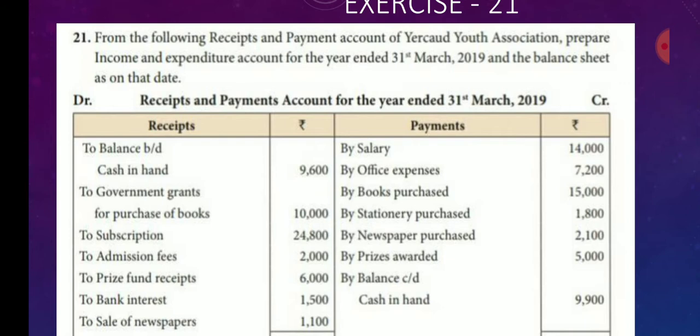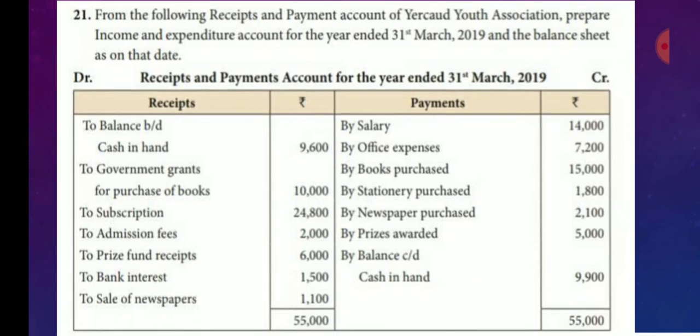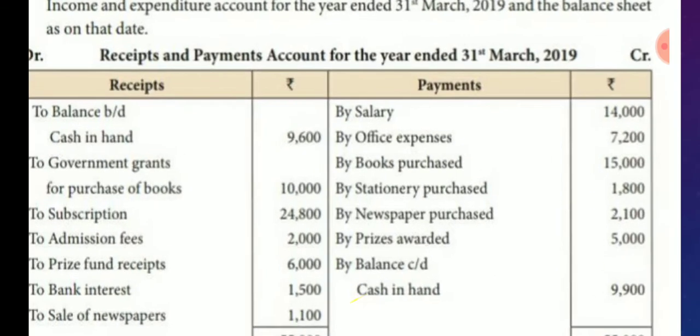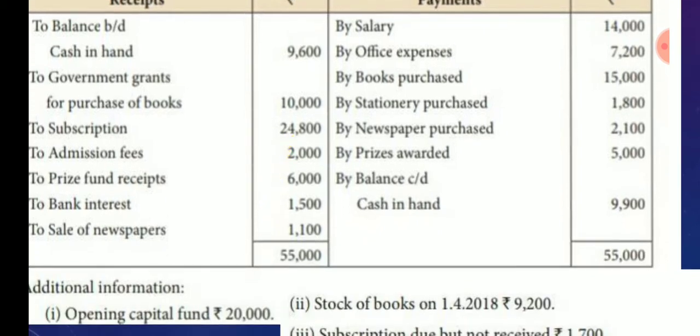So debit side, to balance brought down opening cash in hand 9,600, to government grants for purchase of books 10,000, to subscription 24,800, to admission fees 2,000, to prize fund receipts 6,000, to bank interest 1,500, to sale of newspapers 1,100.